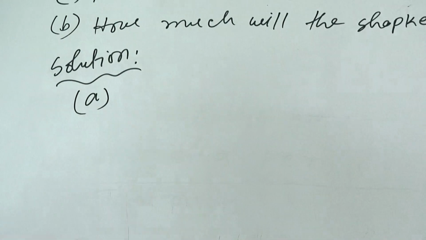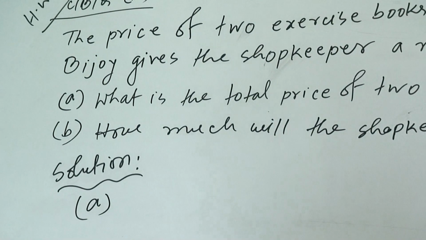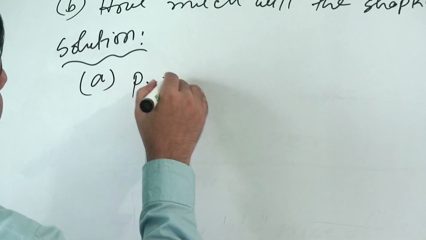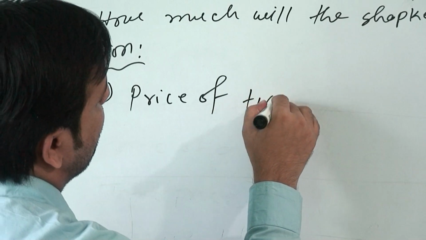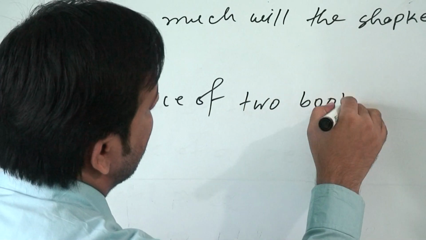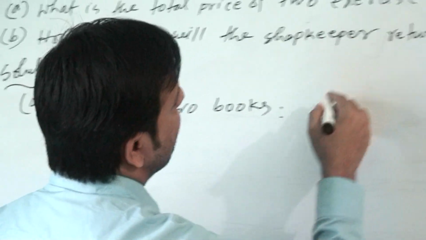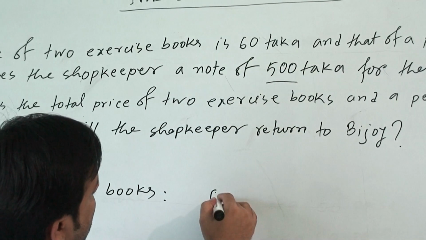What is question A? What is the total price of 2 exercise books and a pen? So we can write the price of 2 books. I will not write the exercise here. Price of 2 books. What is the price? That is 60 taka.